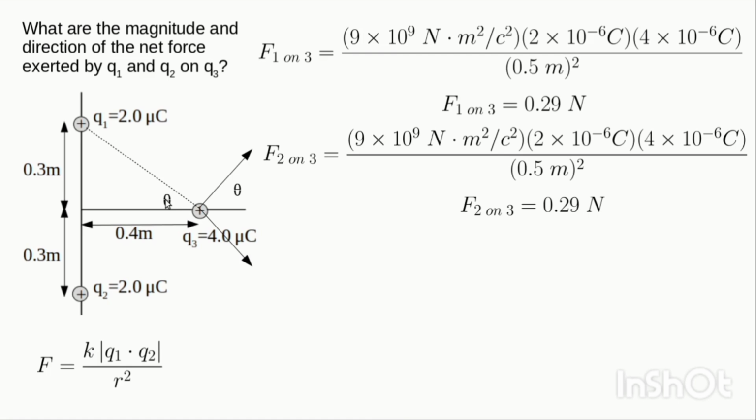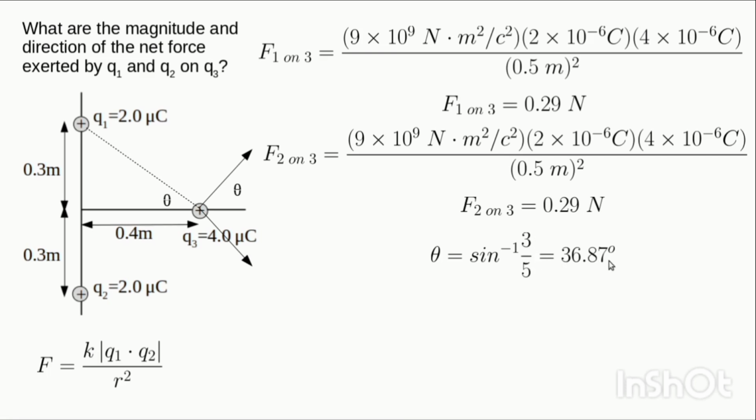Our angle theta here is determined from opposite over hypotenuse. Theta is equal to arc sine of opposite over hypotenuse, which is 0.3 over 0.5, or 3 over 5. So we have arc sine 3 over 5, which gives us 36.87.